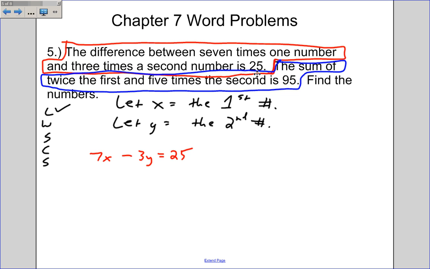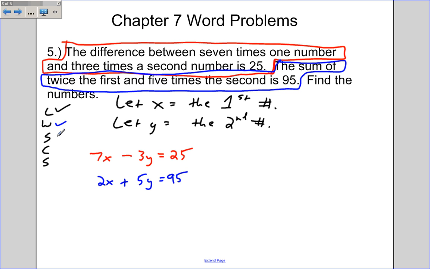And also, the sum of twice the first, so the sum of, we're adding, the sum of twice the first and 5 times the second is 95. Okay, so we've written our two equations in this case.